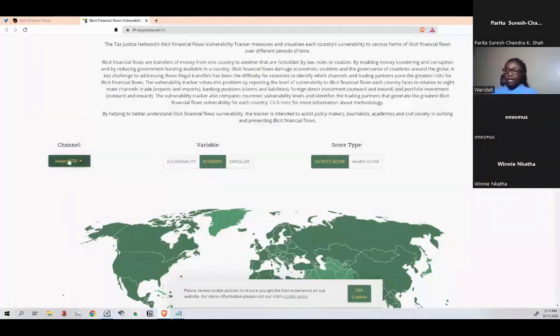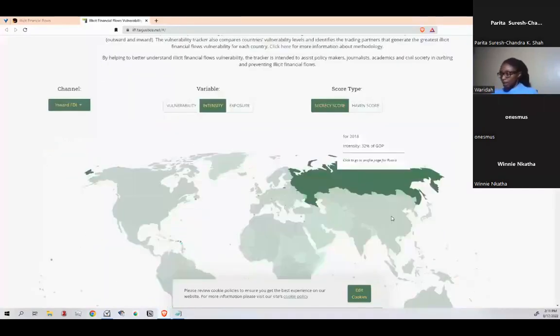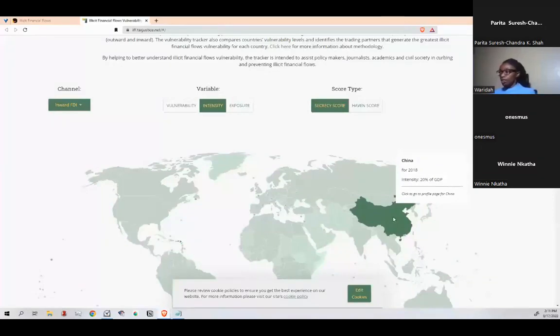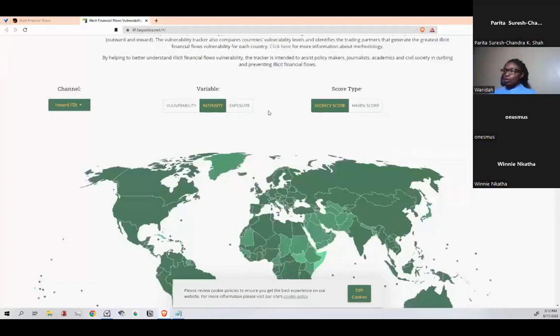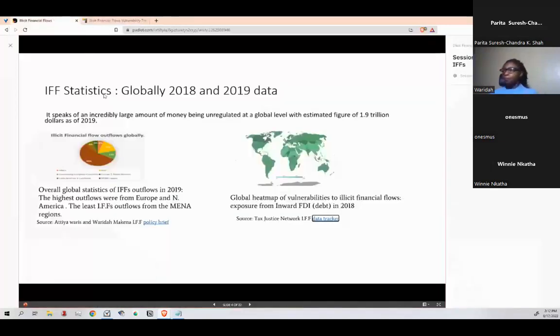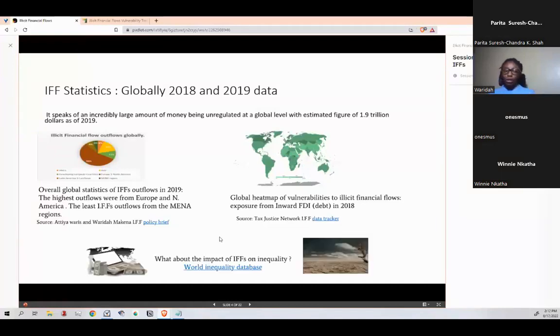So the inward FDI could be very important to China's GDP, which affects 20% of it. So these are some of the things that we are seeing with illicit financial flows and how vulnerable countries are to them, however big.